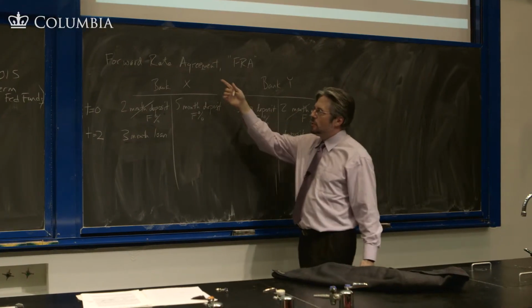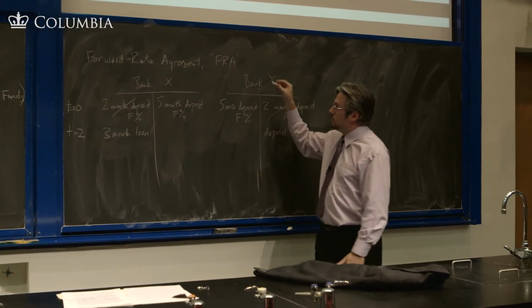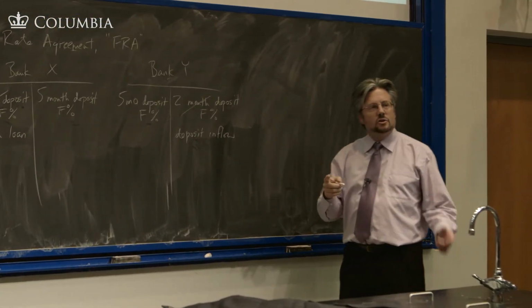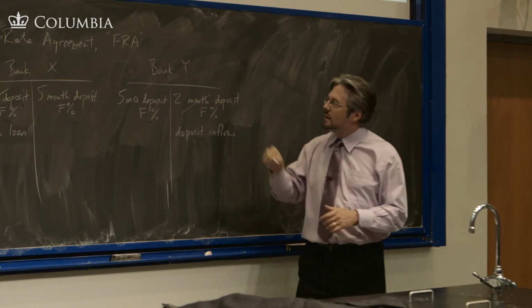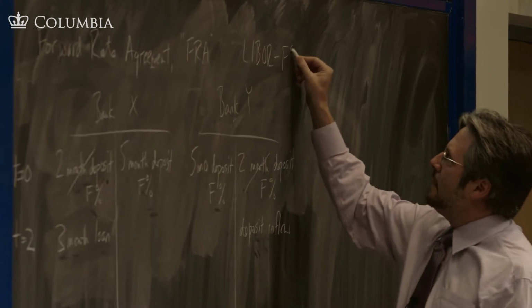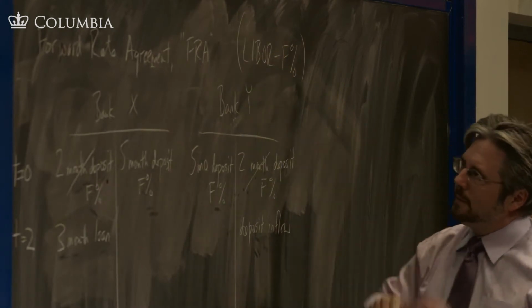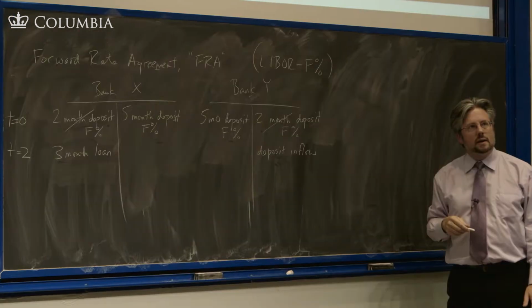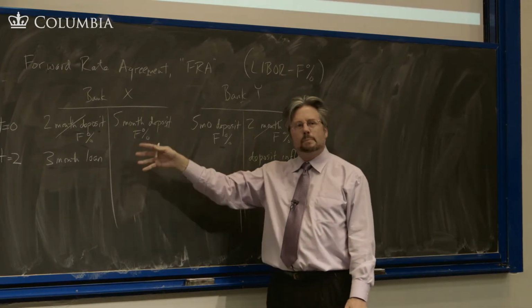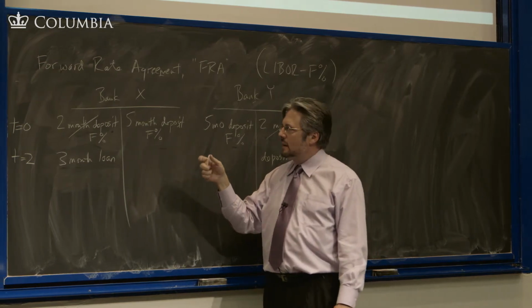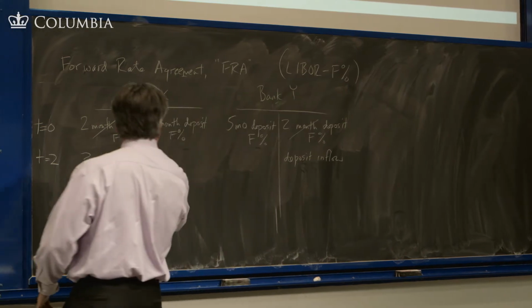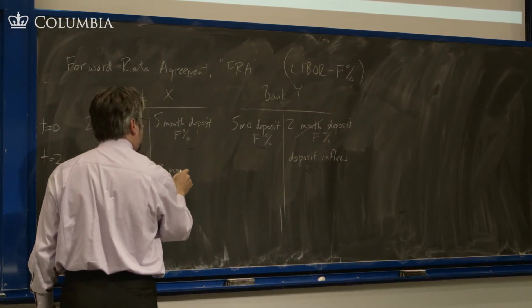The next step is the forward rate agreement, which is exactly what I told you, where the banks agree to exchange the difference between LIBOR and F%. In a forward rate agreement, Bank Y does not promise to make a deposit. It just says, okay, Bank X, go ahead and fund that 3-month loan at 3-month LIBOR.